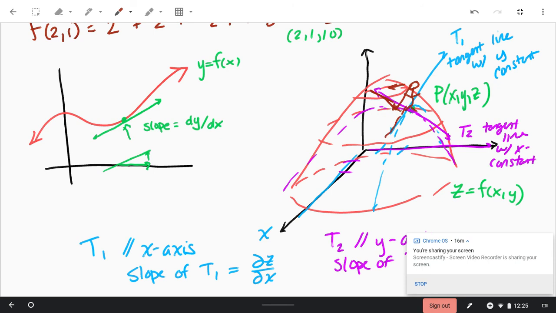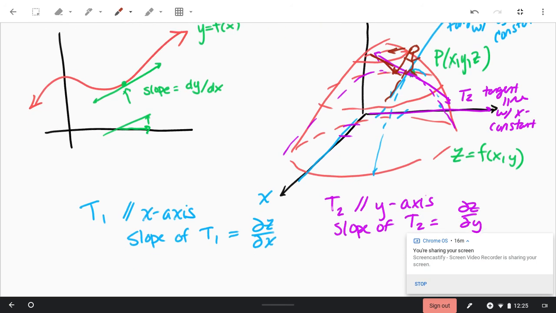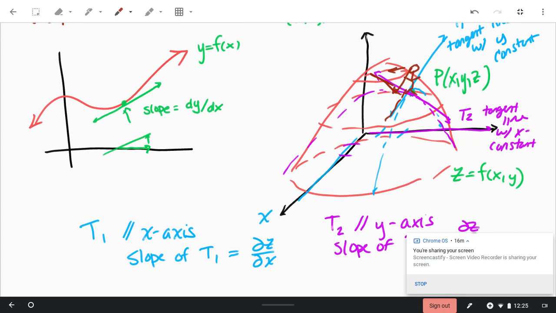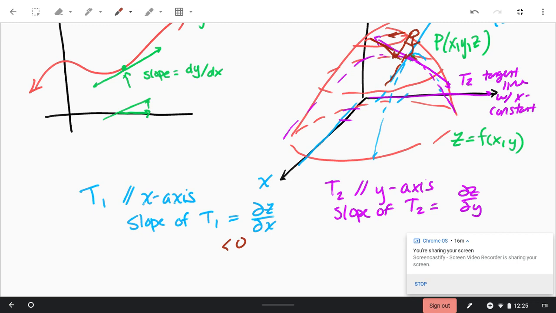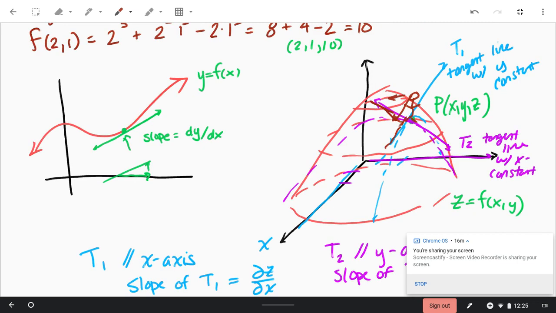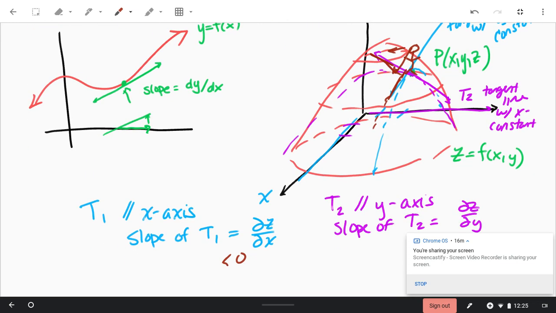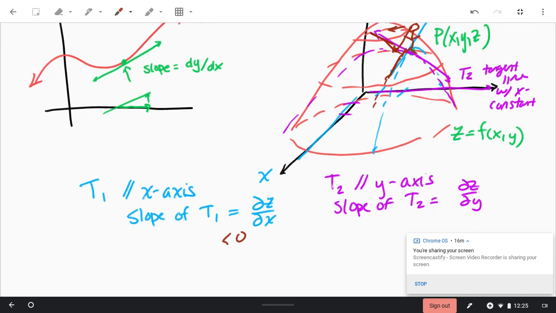That can change based on where I am on that mountain, but it tells me exactly what I would do. In this case, dz dx would be less than 0, because as I look towards the positive x-axis, it looks like I'd be going down.